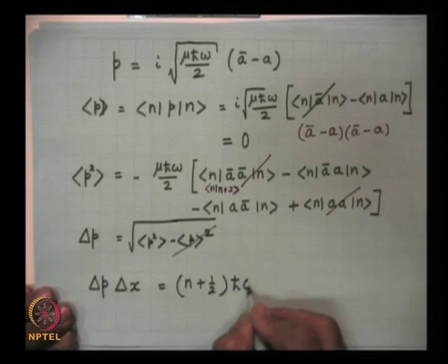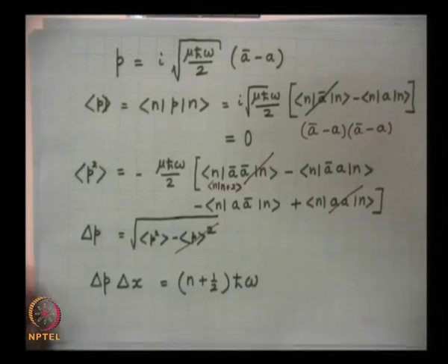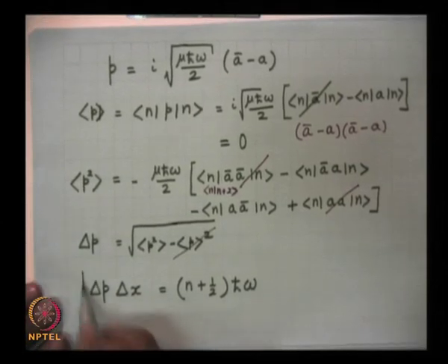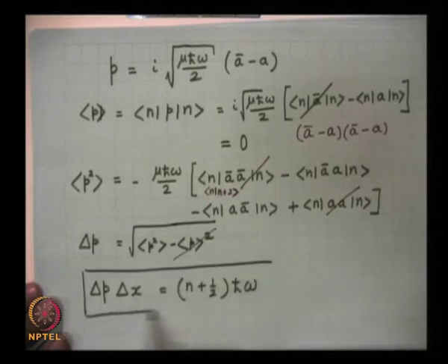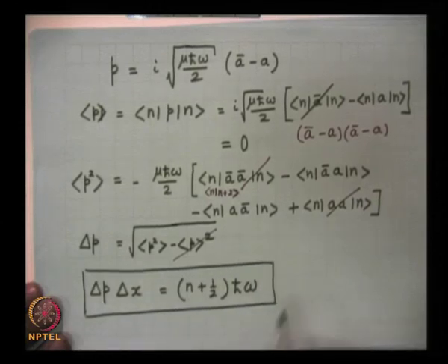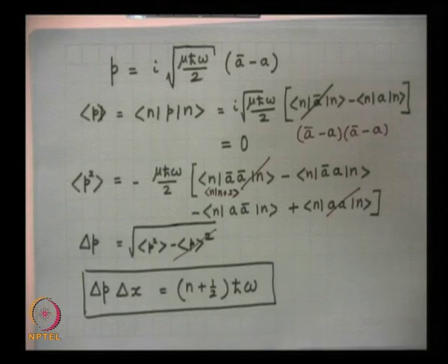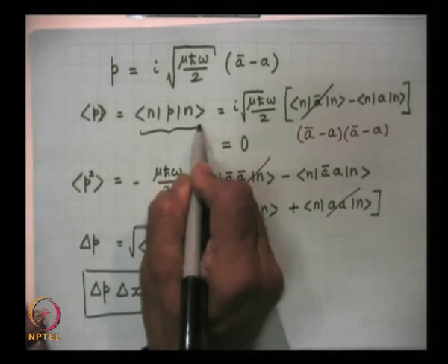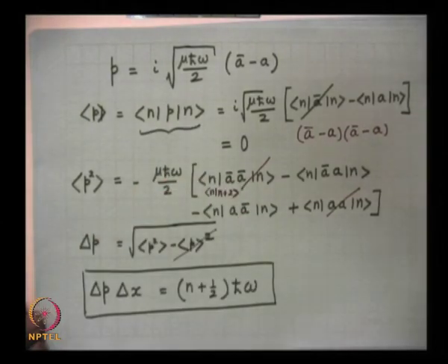The uncertainty product is minimum for the ground state, and as we go to higher and higher states, the uncertainty product increases. This is a result which we have obtained in a fairly straightforward manner by using operator algebra. So, the operator algebra allows us to calculate the matrix elements. This particular quantity is known as the matrix element of the operator P, and one can easily calculate the uncertainty product.